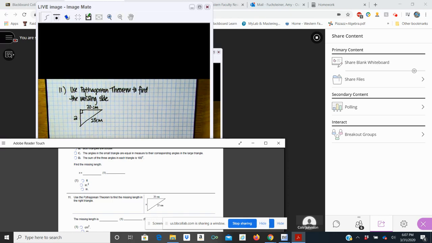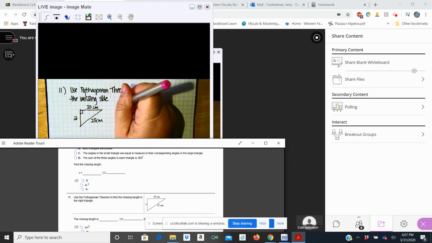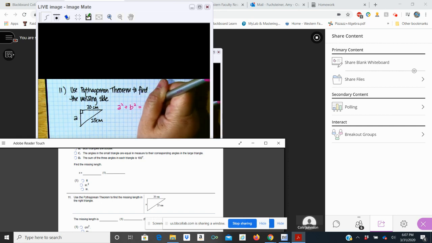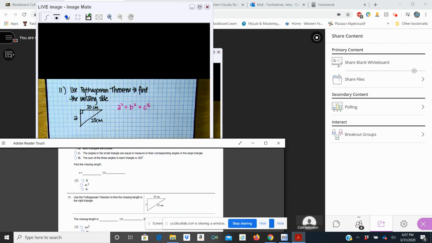Somebody went away. Pythagorean theorem is always a squared plus b squared equals c squared. It would be the b, which I have to square. Yep. So a squared, don't know what that is.